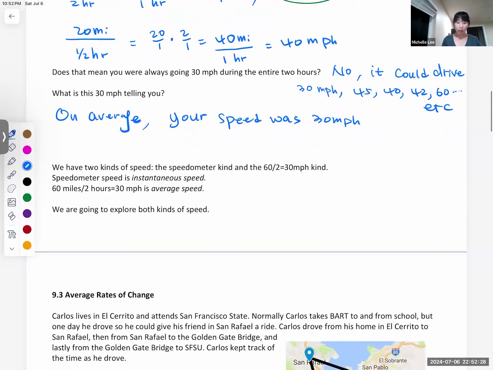Okay, so we have two kinds of speed, which is rate. The speedometer's speed is instantaneous speed. And when we calculate 60 miles in 2 hours, that 30 miles per hour is average speed.